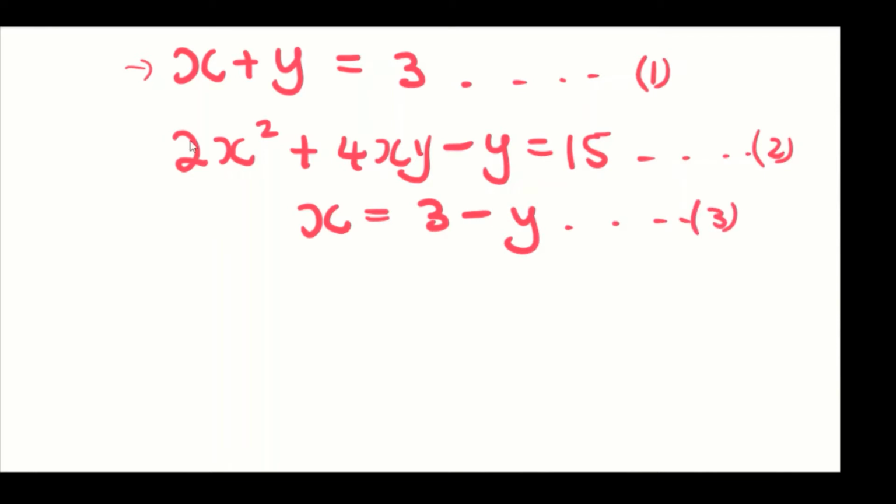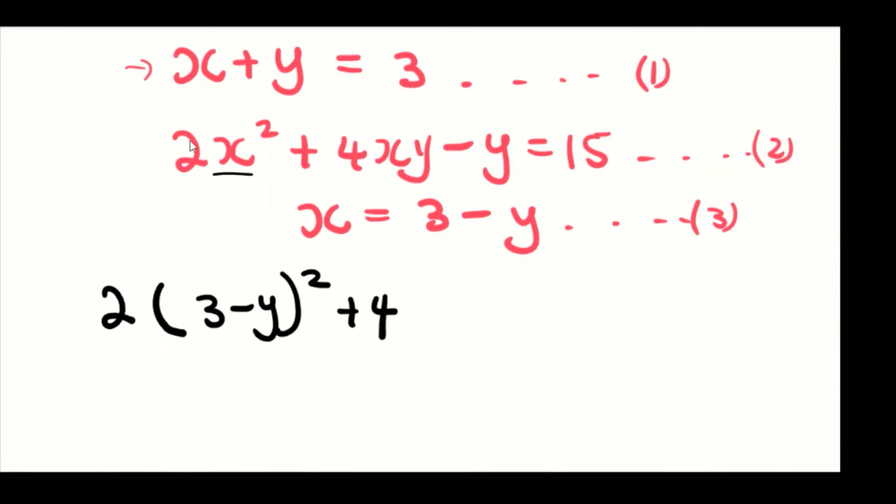Whenever we see x, we're going to substitute with 3 minus y. So what we have here is 2 into, we're having x squared, so we're going to say 3 minus y whole squared, plus 4 into, instead of writing x, we write 3 minus y multiplied by y, minus y being equal to 15.